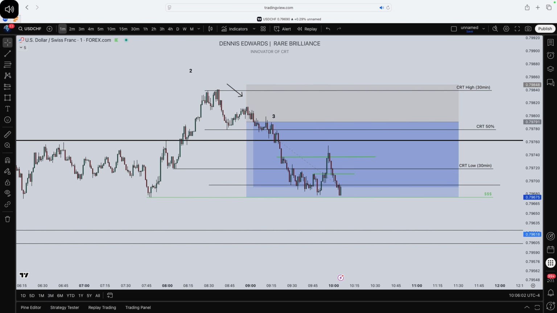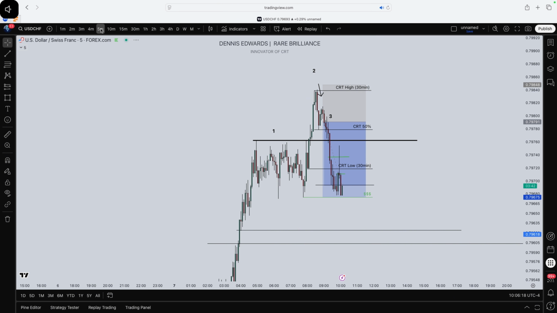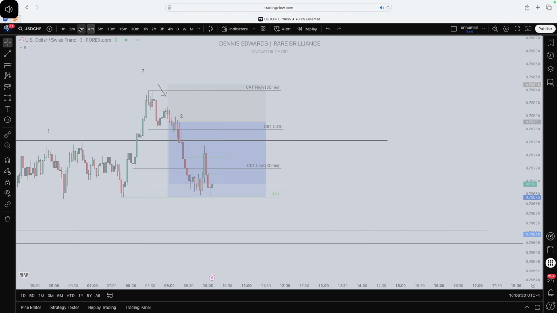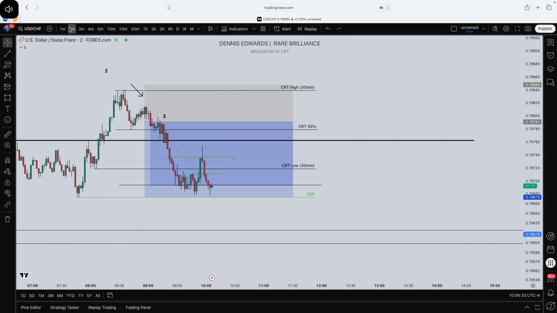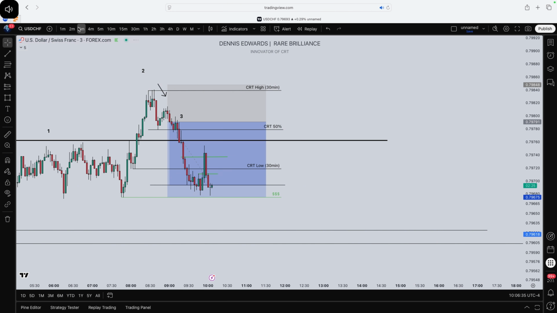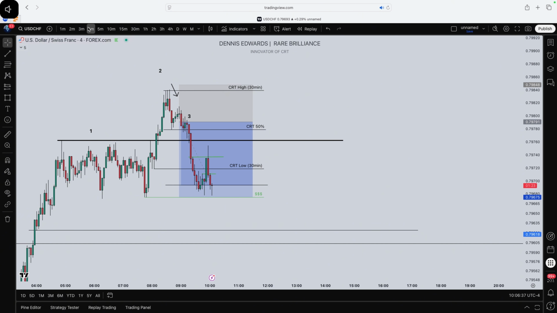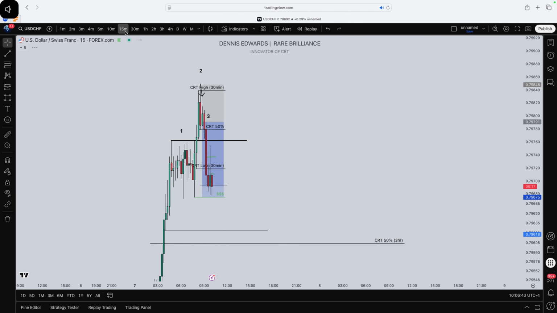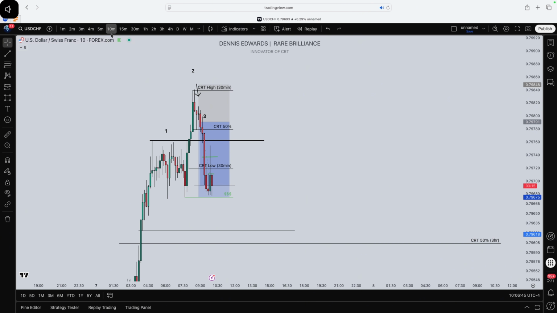Let's just see. Is it better to watch it from the 3? 3-minute might be one of the best perspectives, or possibly the 2 or the 4. So when you're trying to actually pay attention to the time frames, you want to go to the time frame that is least likely to make you act emotionally.